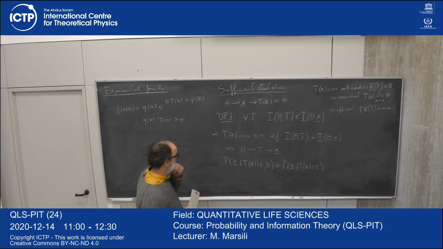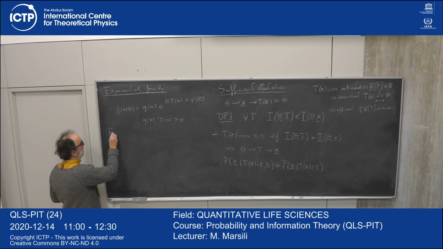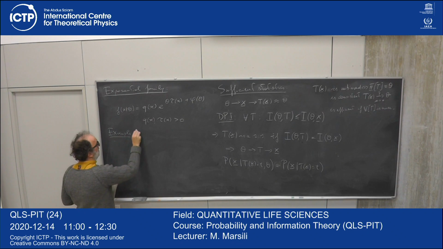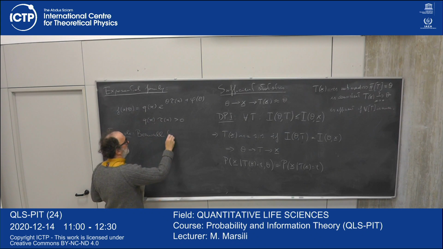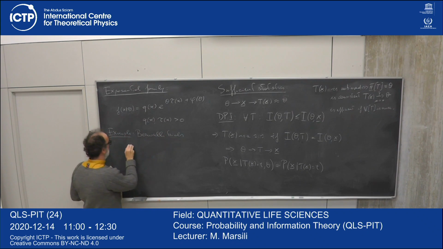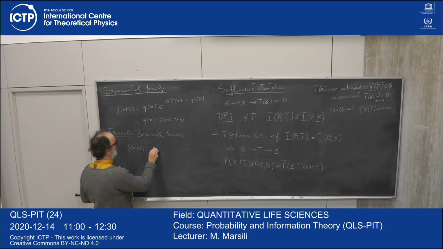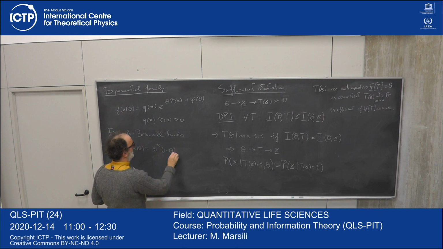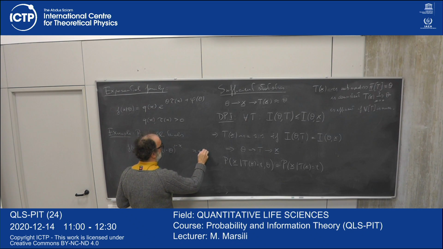Say, for example, you can check in Bernoulli trials. Then my f of x and theta is equal to theta to the x times 1 minus theta to the 1 minus x, and x is just either 0 or 1.